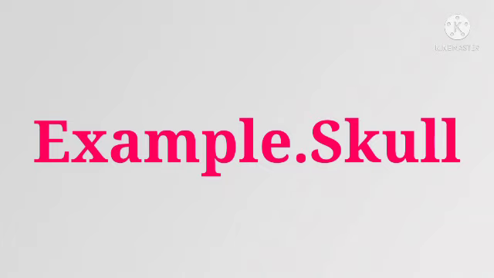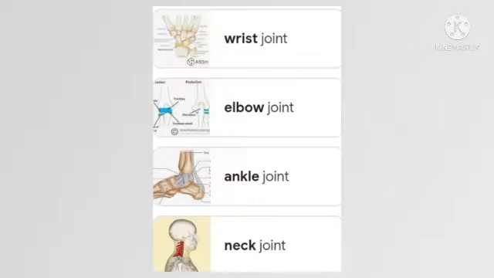And examples for movable joints are the joints in our neck, shoulders, wrist, ankles. These all are examples for movable joints.